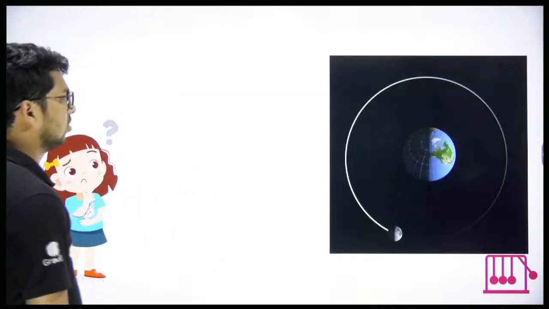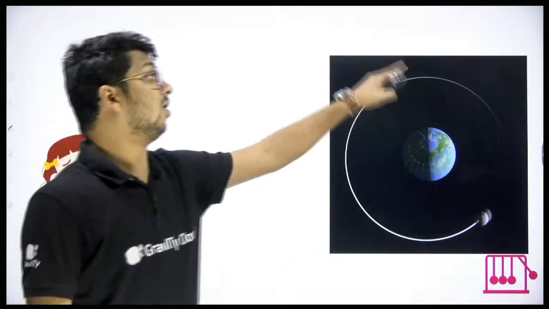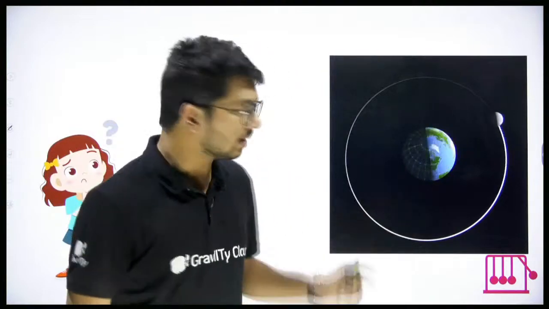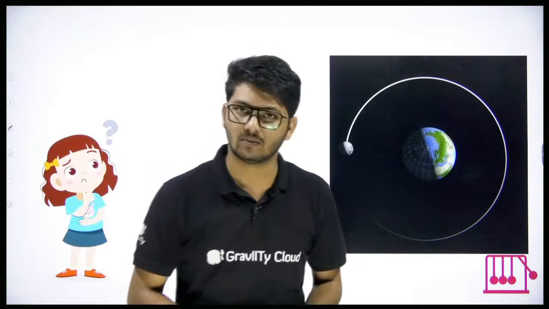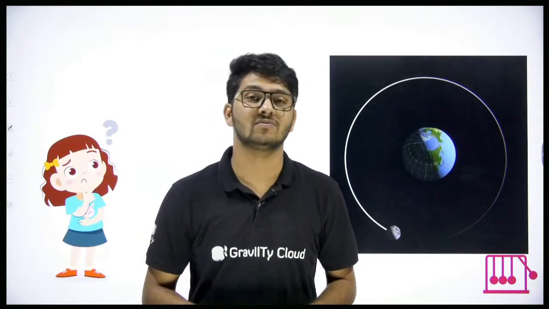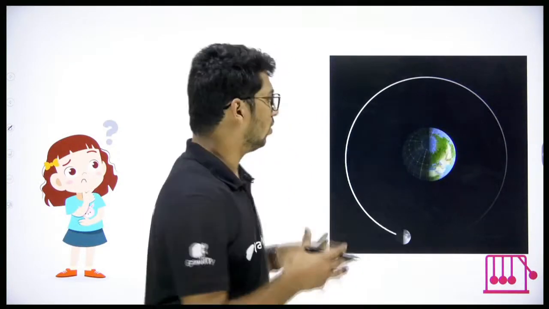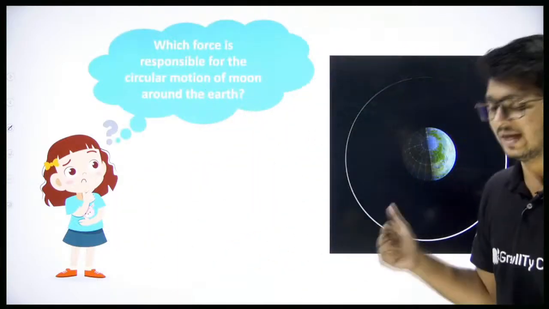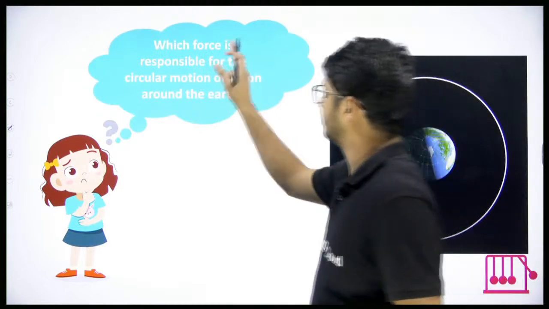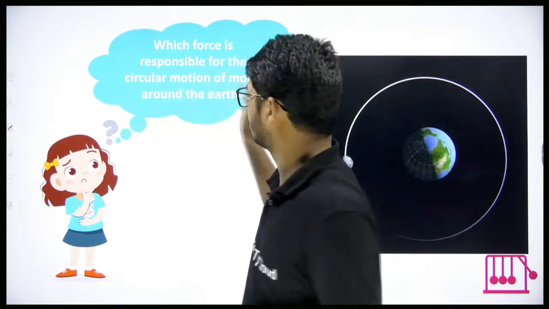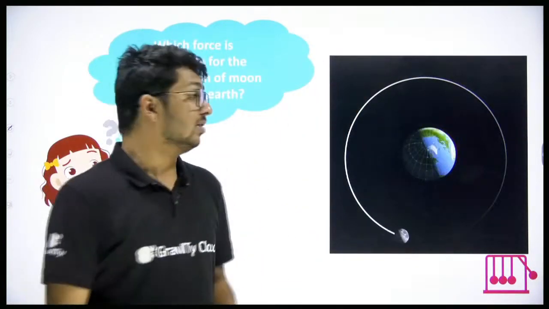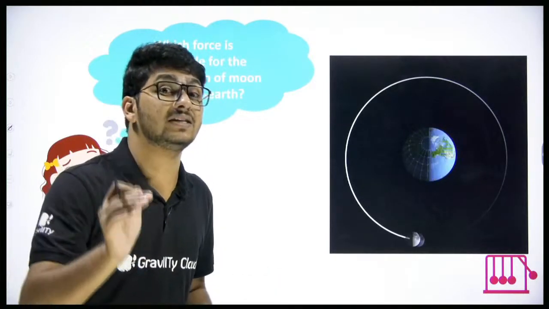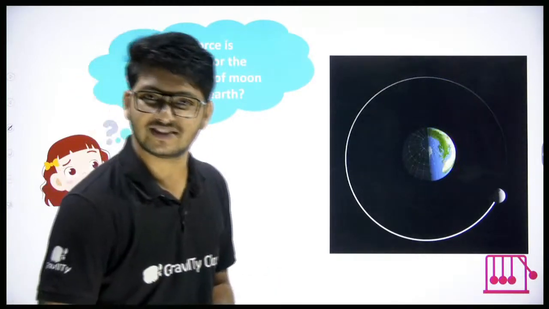But again, we also know that moon revolves around the earth, and in the last class, circular motion, we learnt about centripetal force. So which force is responsible for the circular motion of moon around the earth, or which force acts as the centripetal force in this case?